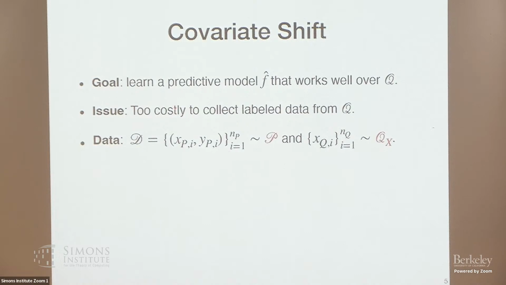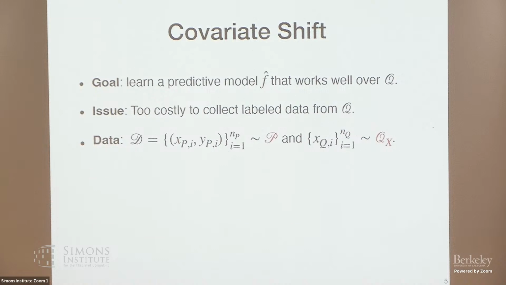It's too costly to directly get labeled data from that distribution. So as a compromise, we get labeled data from a relevant distribution named P and some unlabeled data from Q. We hope this unlabeled data still provides some useful information toward the final performance metric. So this is our setup, labeled data and unlabeled data.